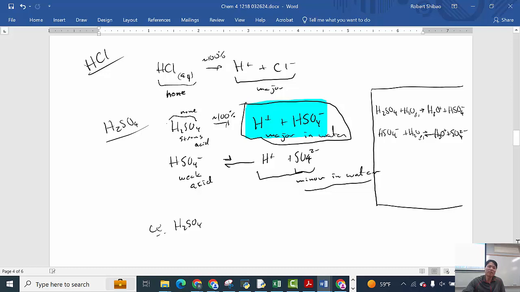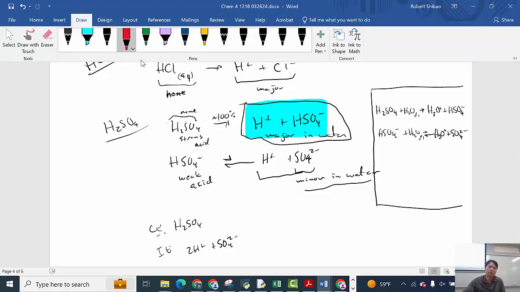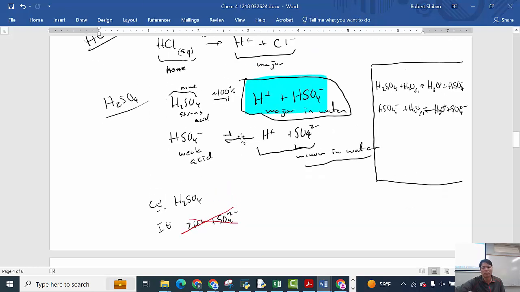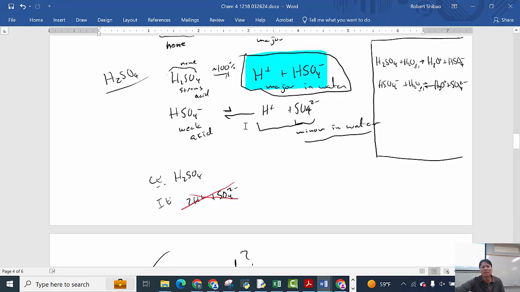So in the CE they have this, but in the IE they put 2H+ and sulfate. Well, this is not exactly correct, and that's because the second proton is much more difficult to break off.